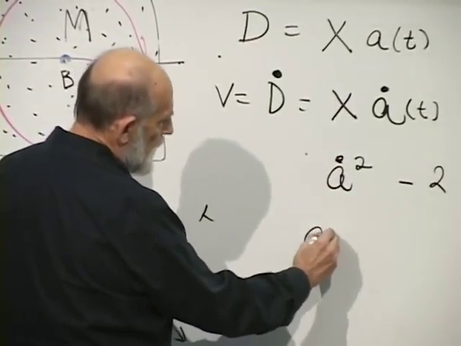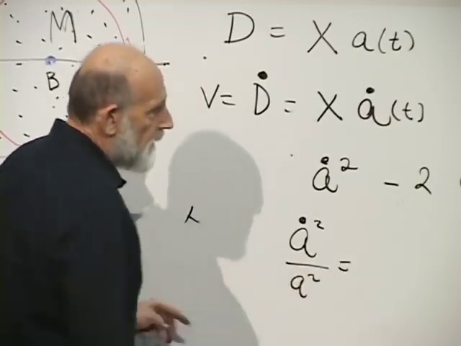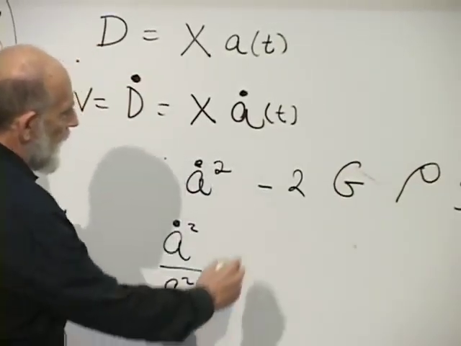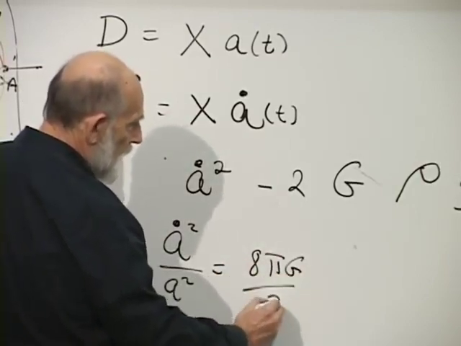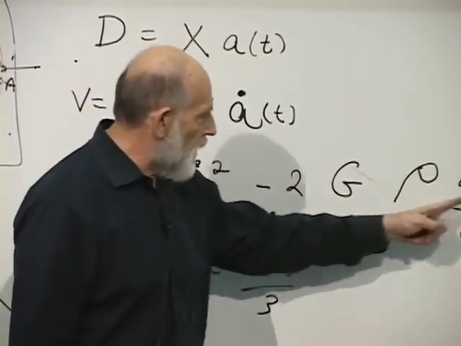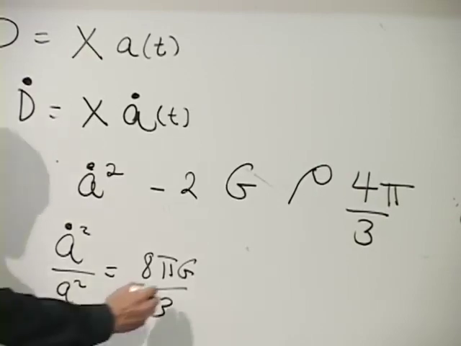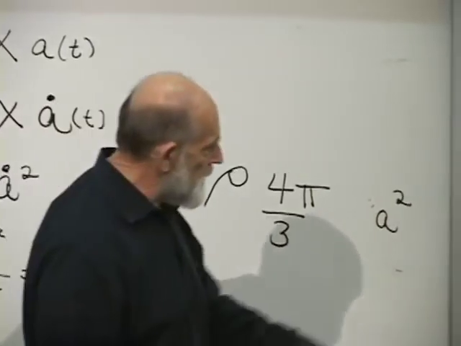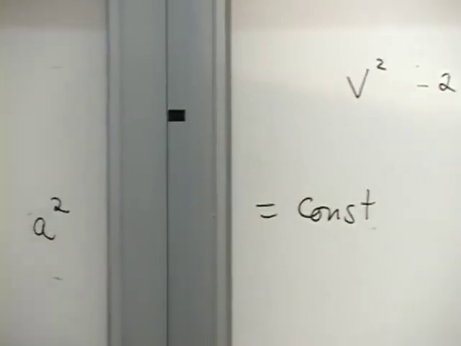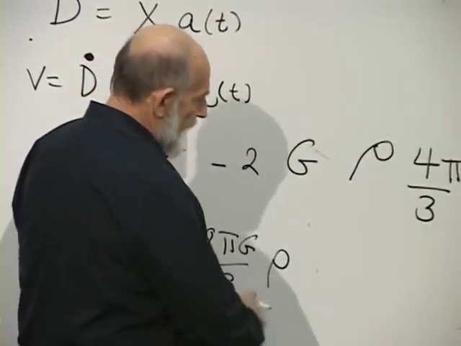If we divide by a squared, we have a dot squared over a squared equals, transposing this to the right, 8 pi G over 3 rho, the density of mass, that's all from that term, right? Plus, on the right-hand side, a constant, which I'm now going to call minus k.